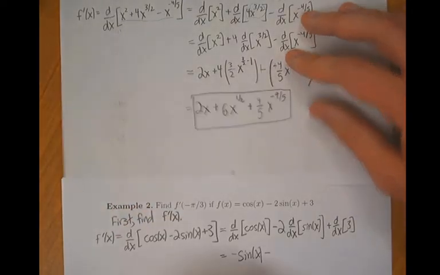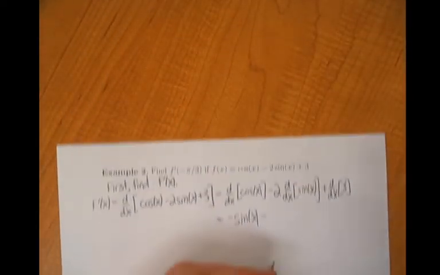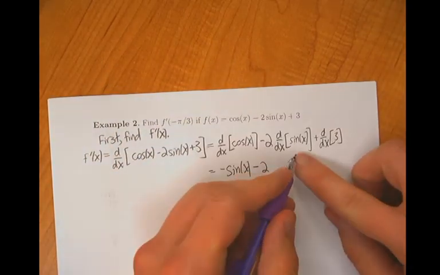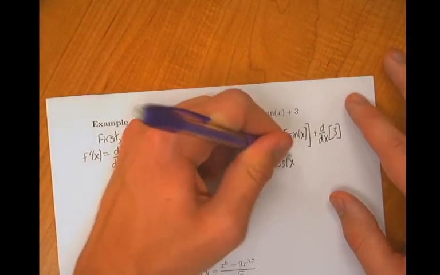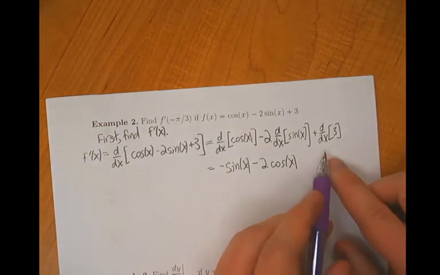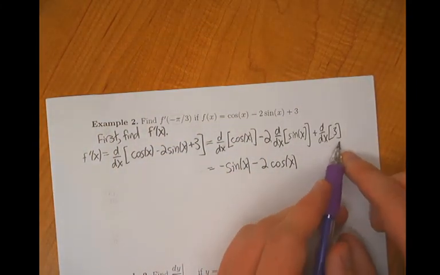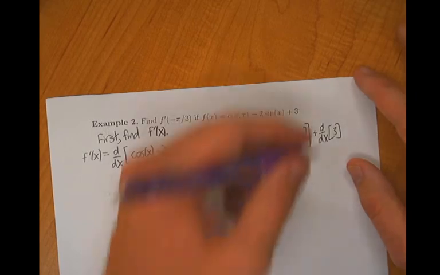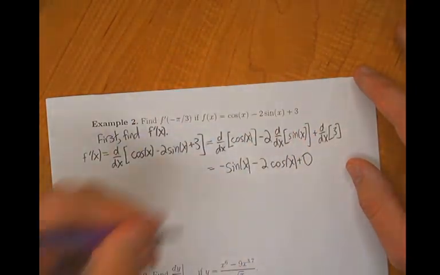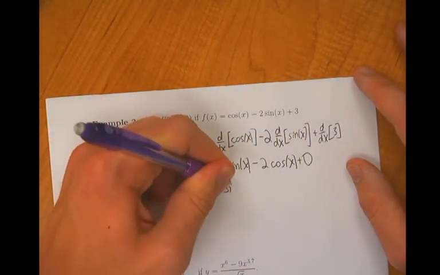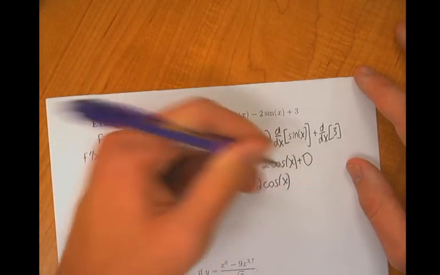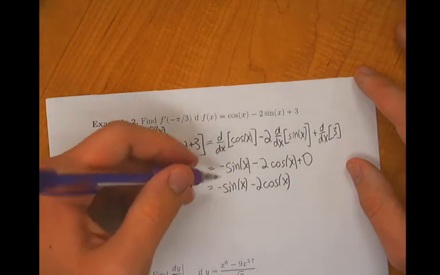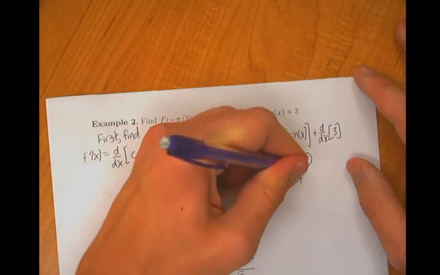And then minus 2 times, in this case, we just have cosine of x, as that's the derivative of sine. But this is just 0 because 3 is constant. So ultimately we have negative sine of x minus 2 cosine of x as our derivative. So that's f prime of x.